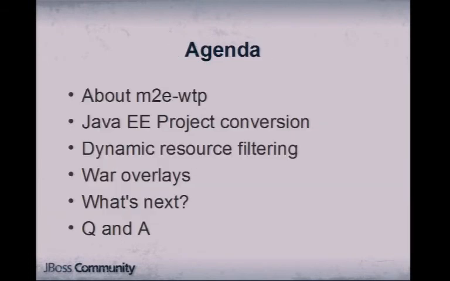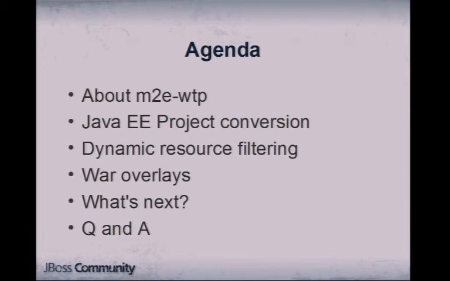In this presentation, I'm going to talk about M2E WTP, what it is, and I'm going to present a few features that, if you're developing Eclipse projects which are not Maven projects, you might find interesting, and that might help you build better or ease your development.